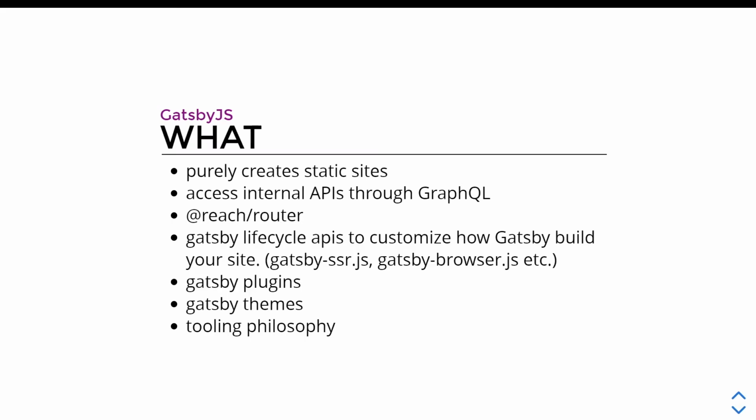For example, you choose a store Gatsby theme that will alter your whole Gatsby application to look and work like a store website. Tooling philosophy is the mindset you need to adapt in Gatsby, as it's the main pattern you'll be following throughout the Gatsby ecosystem. This just summarizes what I said earlier about Gatsby plugins.